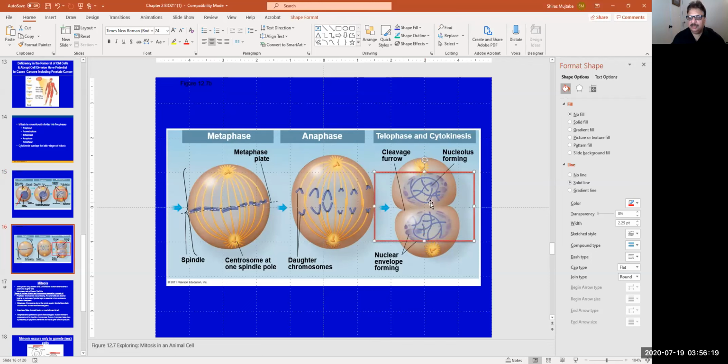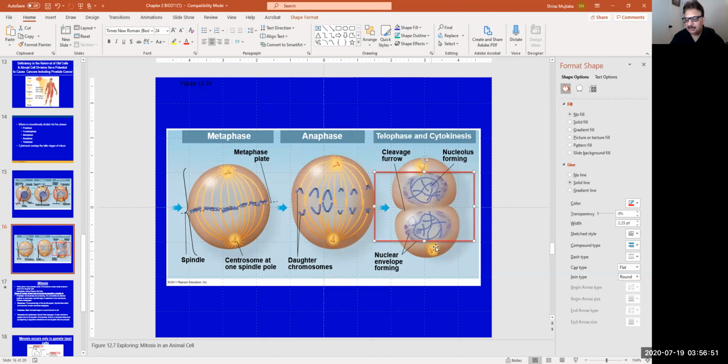What you see here, whatever we lost going from interphase to prophase, comes back in telophase. One nucleus now gives rise to two daughter nuclei, in which there is formation of the nucleolus. Remember, we lost the nucleolus in prophase. There is formation of nuclei and nuclear envelope.